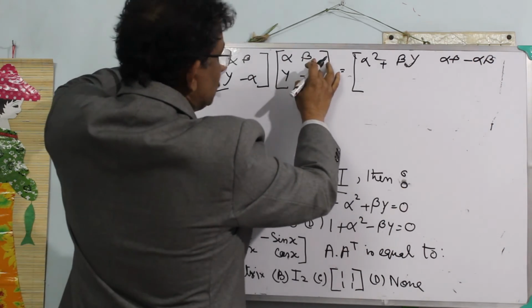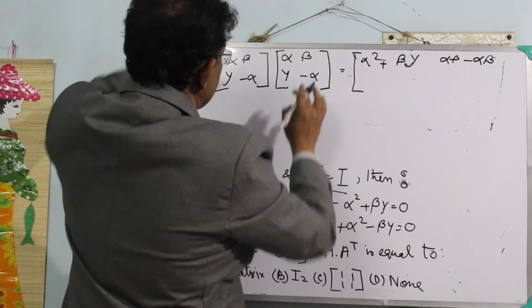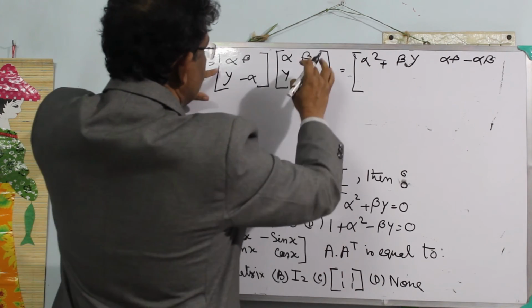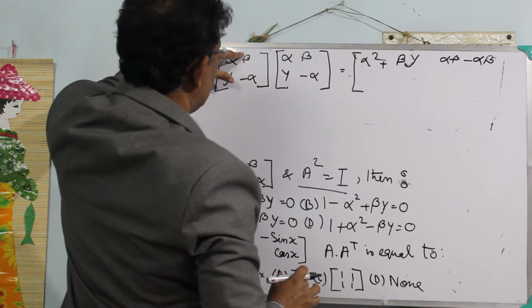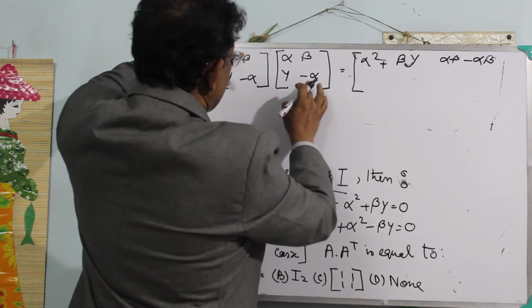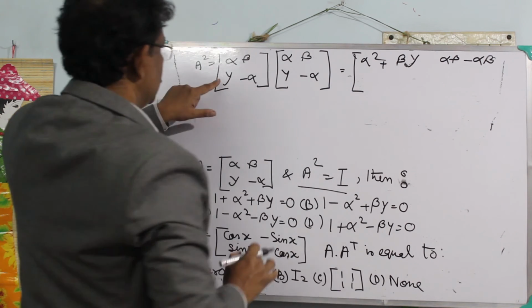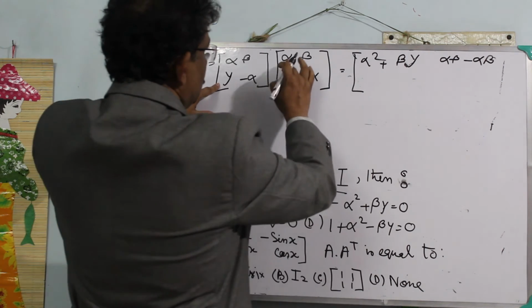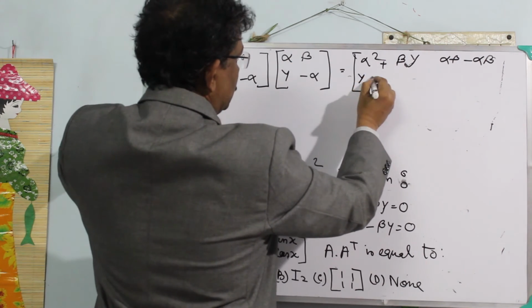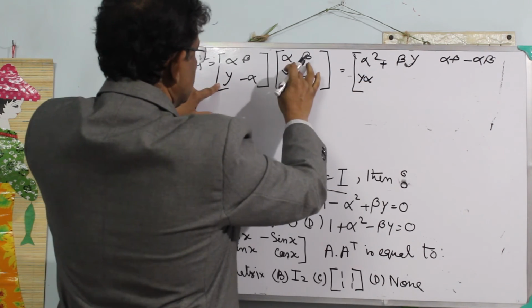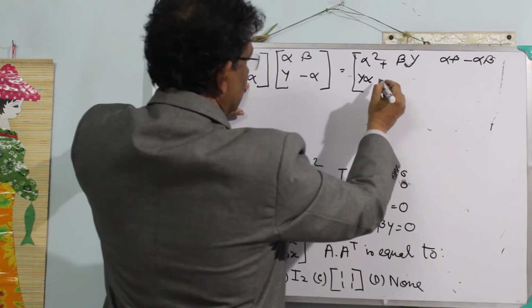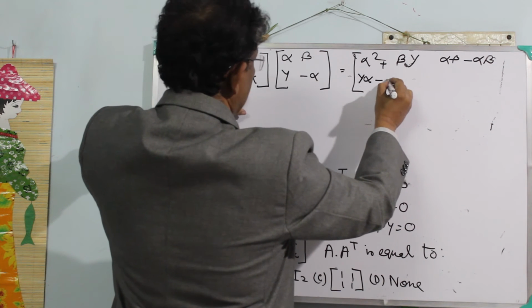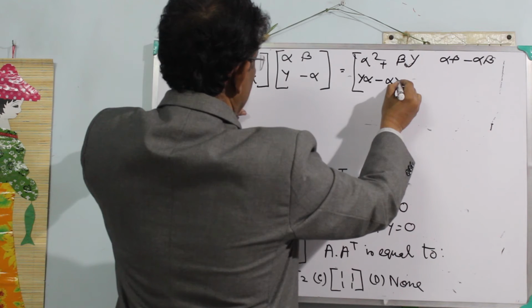This into this and this into this. This into this, alpha beta plus this into this minus. Then gamma into alpha and this into this minus alpha gamma.